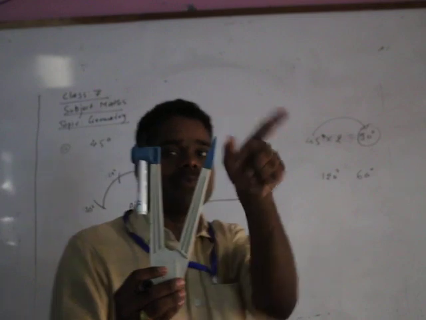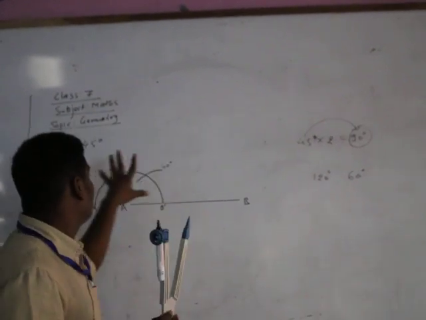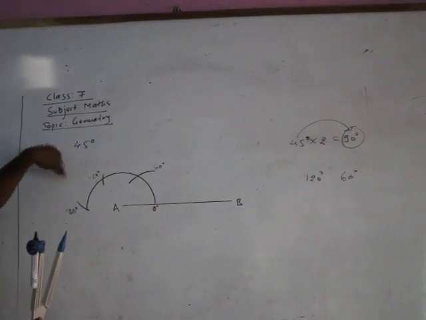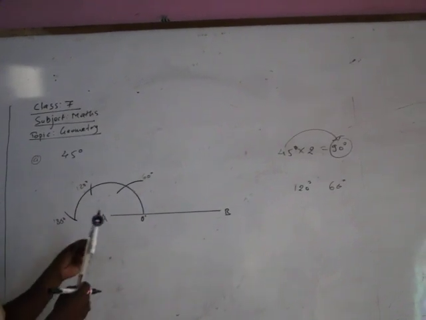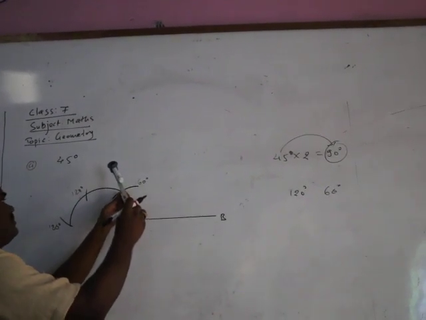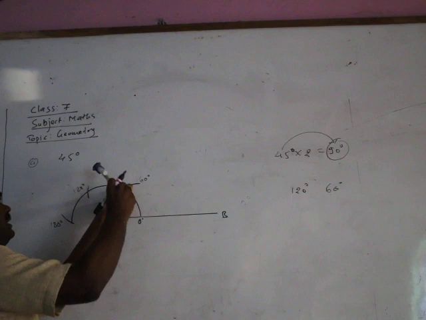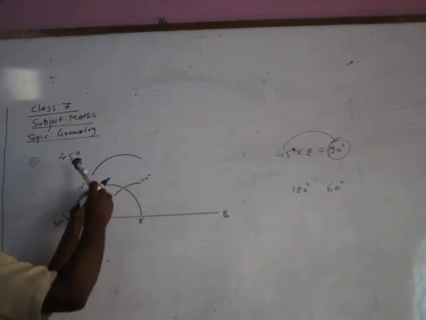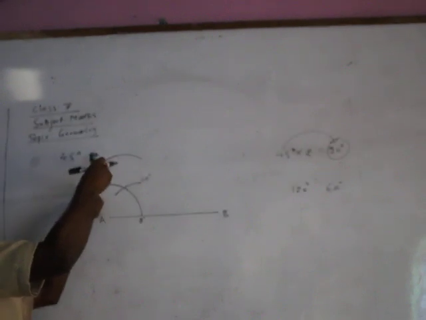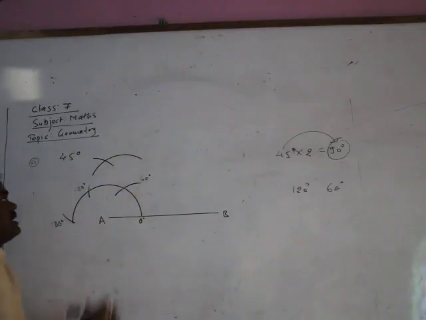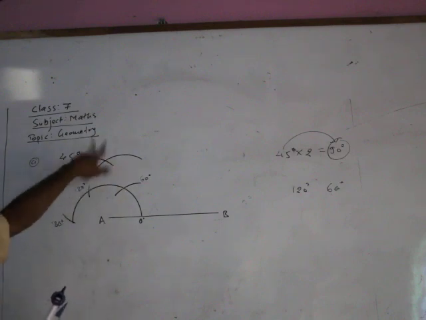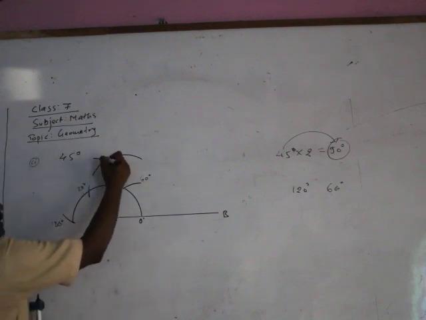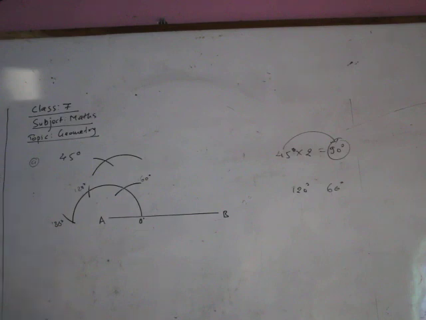and don't disturb this compass. The measurement must be the same until the 45 degree angle is constructed. So again put the compass at 60 degree here, draw the arc here, and 120 degree also. This intersection of both arcs, this point, is 90 degree.